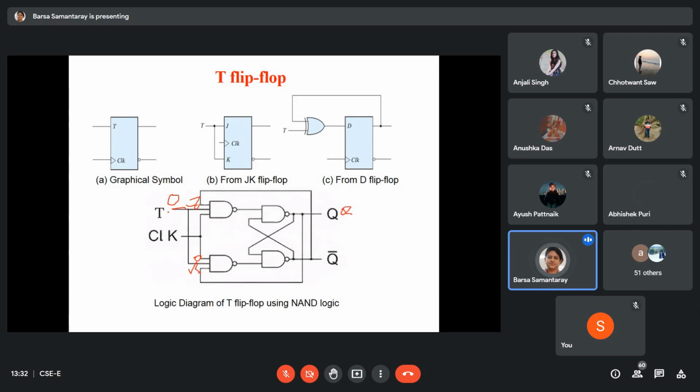And when this T value is 1, both the J and K will be 1, 1. So when both J and K are 1, then what will the output be? In the JK condition, when both are 1, 1, what will be the output?